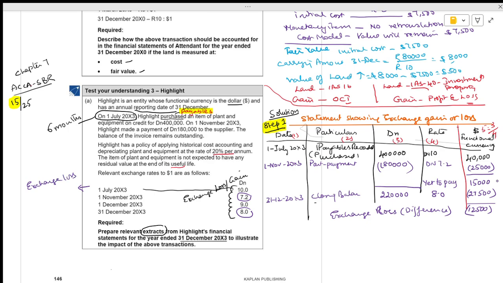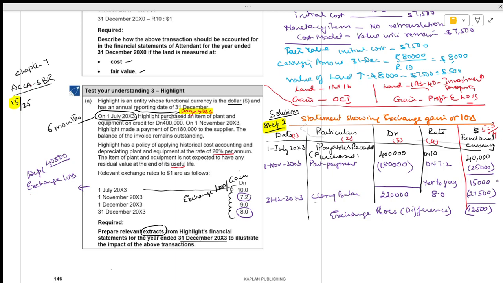They say that there is a depreciation. Is it right? We have to show depreciation. Depreciation is how much? 40,000. Is it right? Have they mentioned anything? They say that applying a historical cost rate at 20%, the item of plant is not expected to have any residual value. Is it right? Means how much, 40,000. Is it right? For how many years have we purchased this?